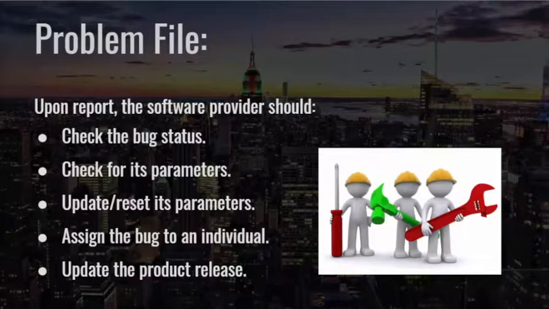The second step is the checking of parameters, and this means establishing all the details and the features of the bug so that the assigned person may know how to address the issue. The third step is updating or resetting its parameter so it can be easy for the assigned people to address the problem.